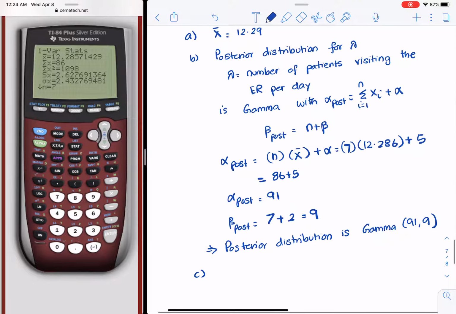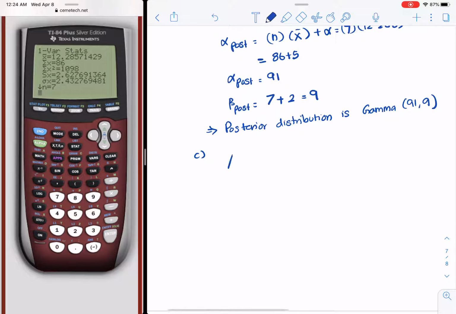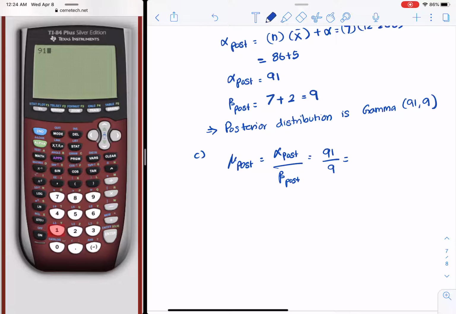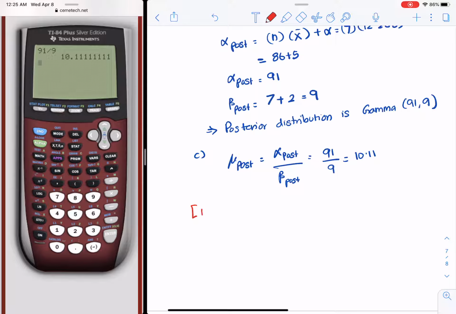So going back to the posterior mean, that is simply alpha post over beta post. So we would have 91 over 9, 10.11.